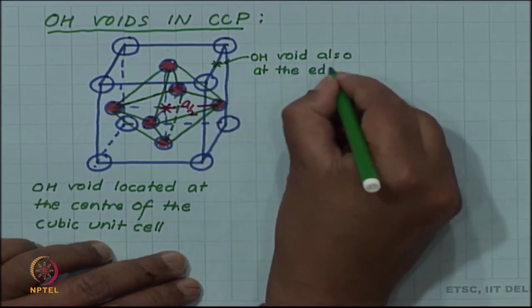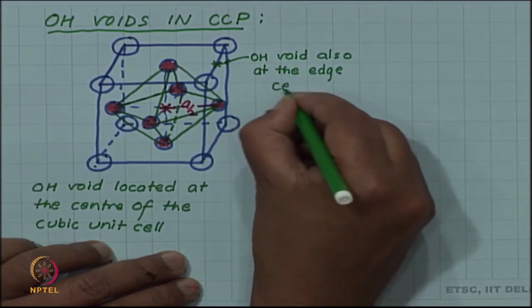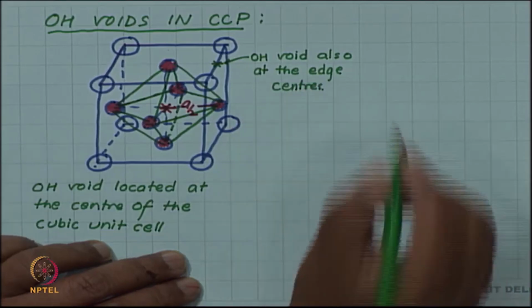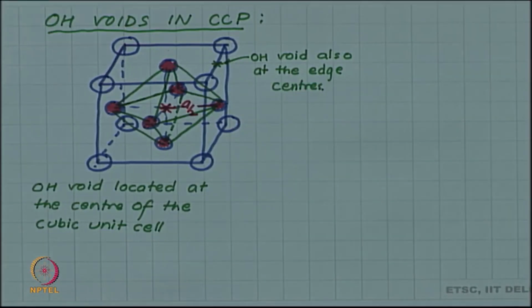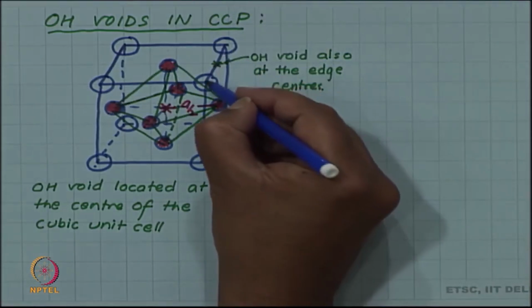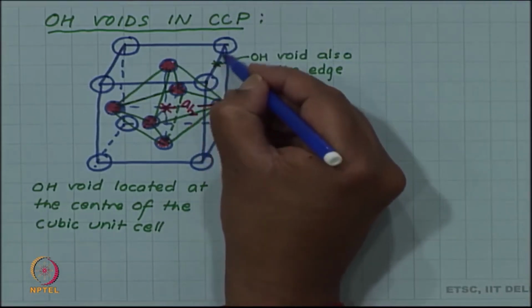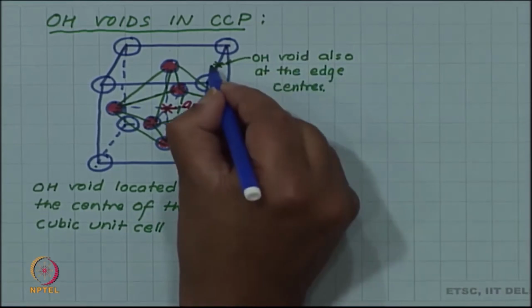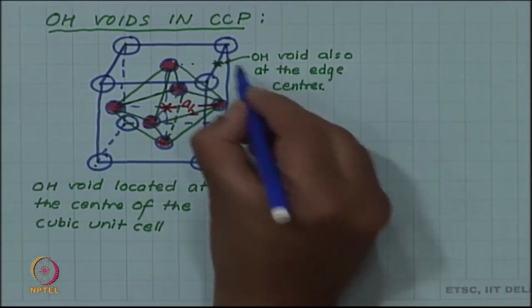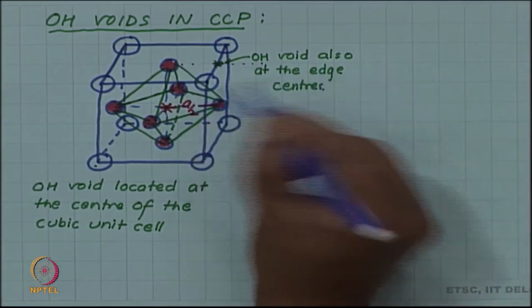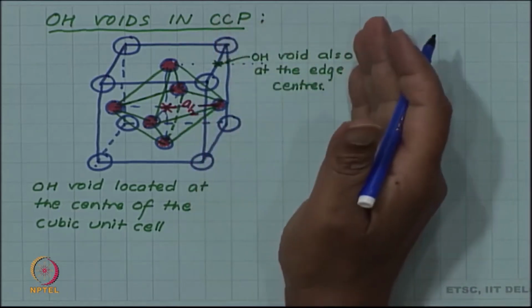Also at the edge centers, because you can see if I go from here, a by 2 front I have an atom, a by 2 back I have an atom, a by 2 left I have an atom, a by 2 right I will have an atom when I consider the next unit cell.